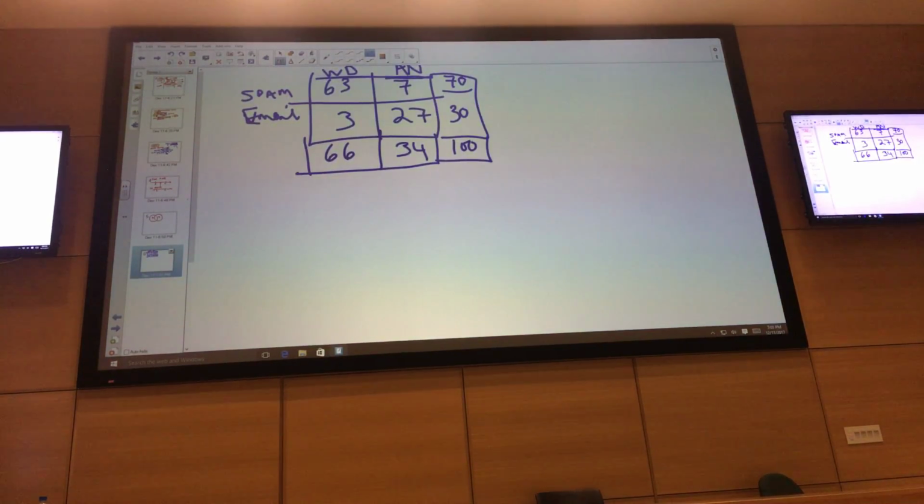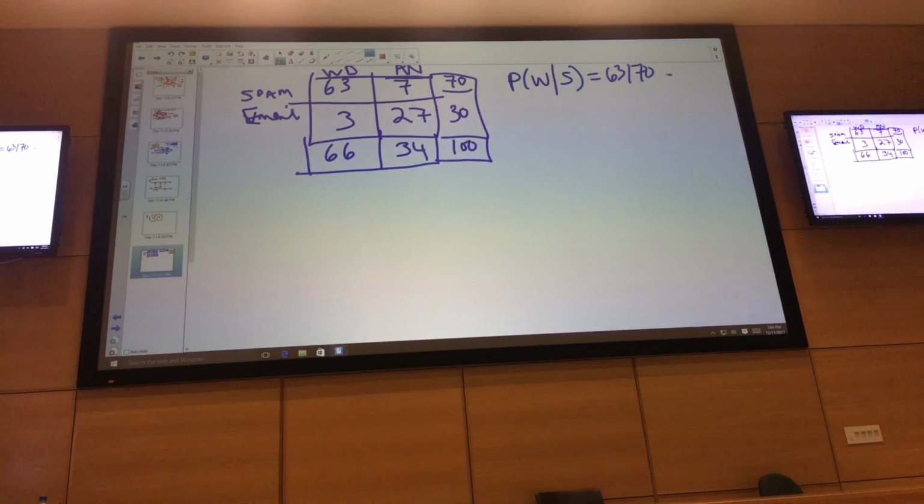And typically, we've looked at our research, we've looked at our emails, and we know things like the probability of getting wingdings given that it's spam. And if we were calculating it right here, we could just look at these numbers and we see that 63 wingdings emails are spam, and the total number of spam is 70.